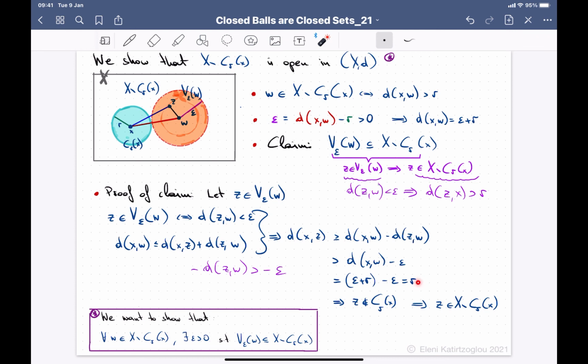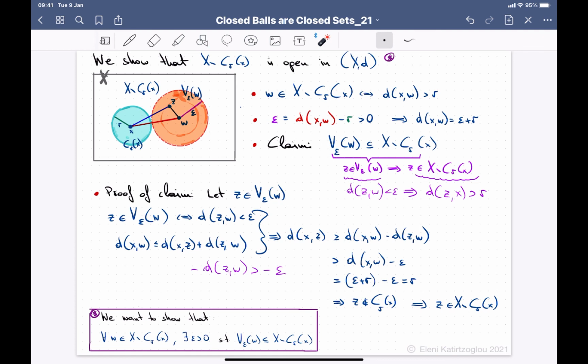This distance is strictly greater than R, which means that Z is not inside the closed ball with center X and radius R. And that means, of course, that Z is inside the complement of the closed ball.